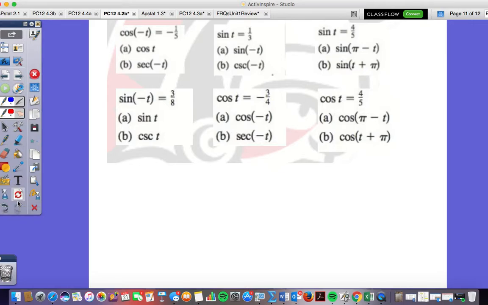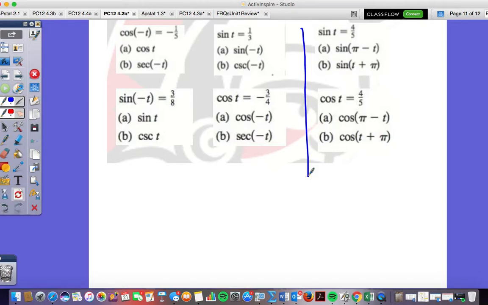Can you start step by step on how to solve these problems? Give me one. Yeah, do we have cosine negative t on cosine t equals, in the middle bottom, negative 3/4? If I did this one, what's the definition? You'll have those definitions, by the way.